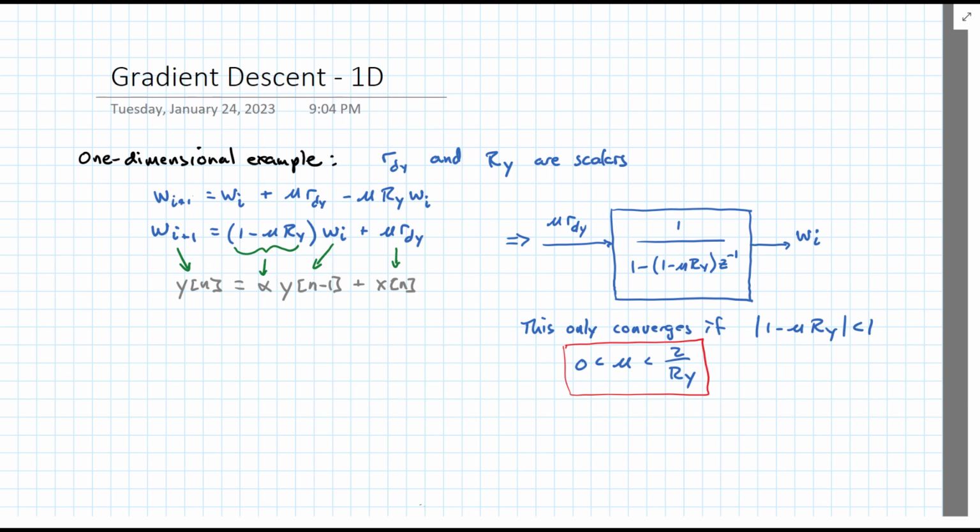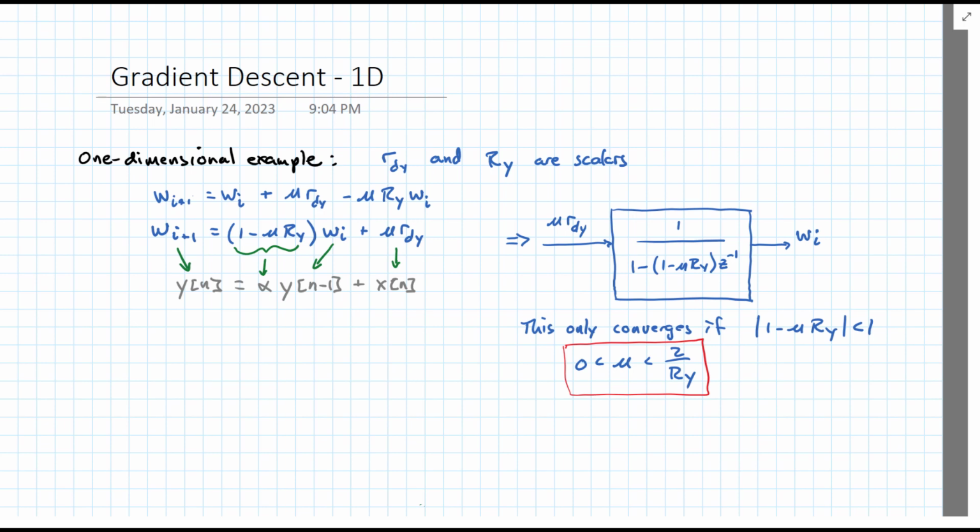This is only the case when mu is between 0 and 2 over ry. We're assuming here that ry is positive because ry is going to be an autocorrelation value, and so this all works out.